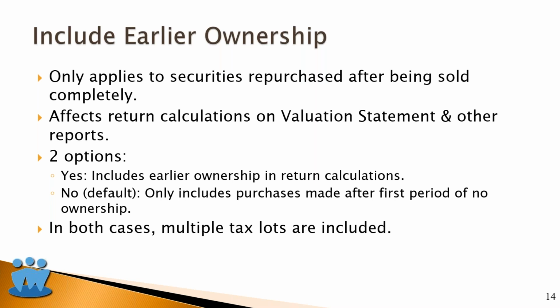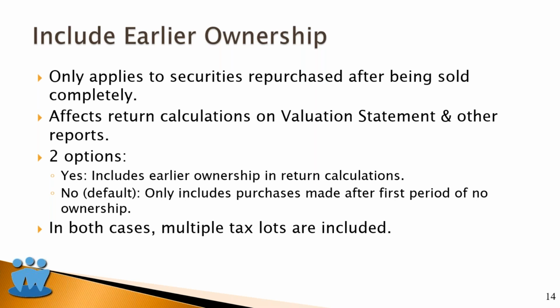So this is what include earlier ownership of the security means. This is pretty arcane, but we are seeing more and more clubs that might have gotten rid of stocks in the kind of extra volatile year we're having, and then dump them and then repurchase them, perhaps at a lower price.